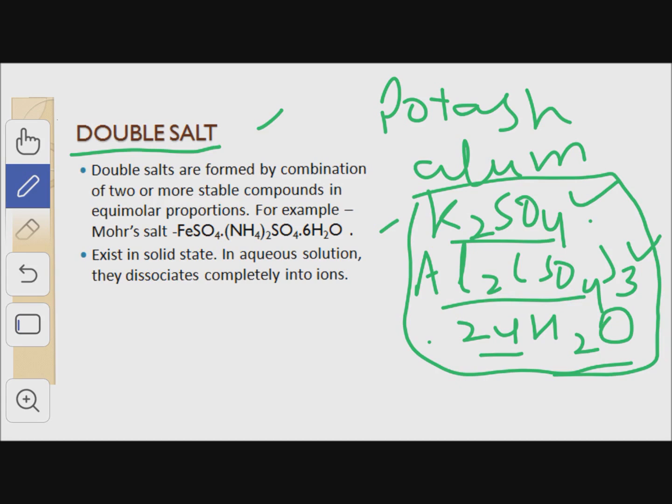The next example of a double salt is Mohr's salt, which we use in volumetric analysis, in which Mohr salt is treated with KMnO4 solution to determine the normality or molarity of the Mohr salt by knowing the molarity or normality of the KMnO4 solution.